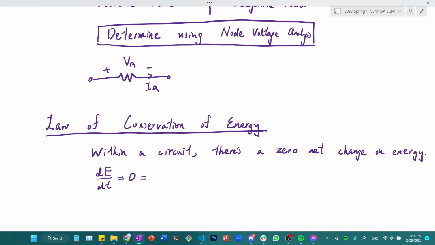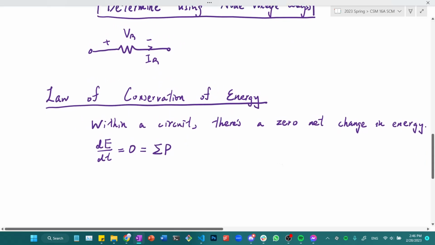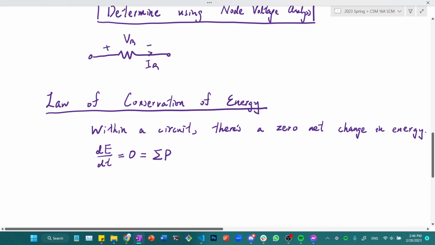So the total power of an entire circuit is 0. That is pretty important and is pretty useful. We'll be frequently using this fact on the past exam problem walkthroughs. So that's one thing I want to talk about power.